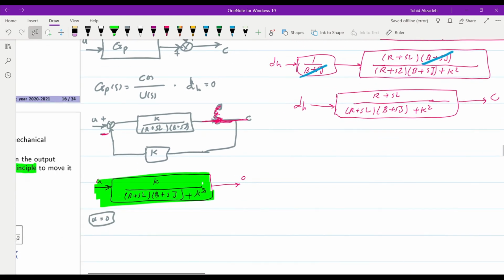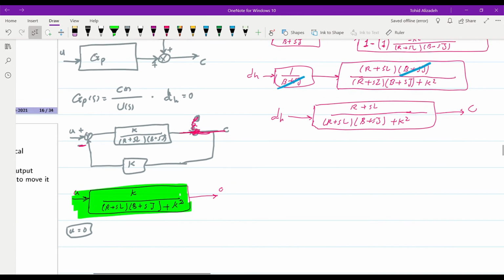And afterwards we can say that now for the DC motor system we will have the whole system in this form.